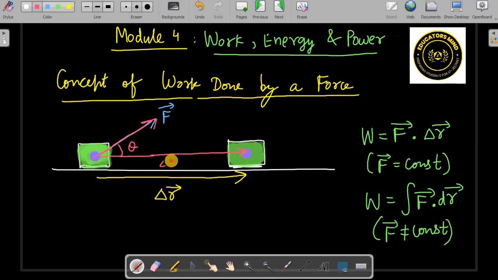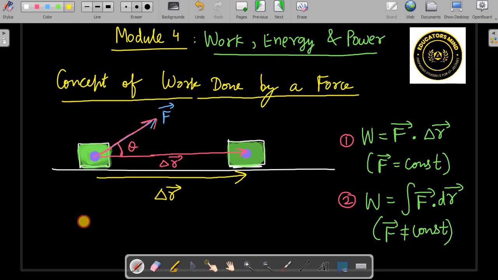So this is delta r vector. You can write it here also, that is delta r vector. This is force. If force is constant, we can go with this formula. If force is not constant, we can go with this formula. Now let's understand a little bit more detail, assuming that the force is constant.